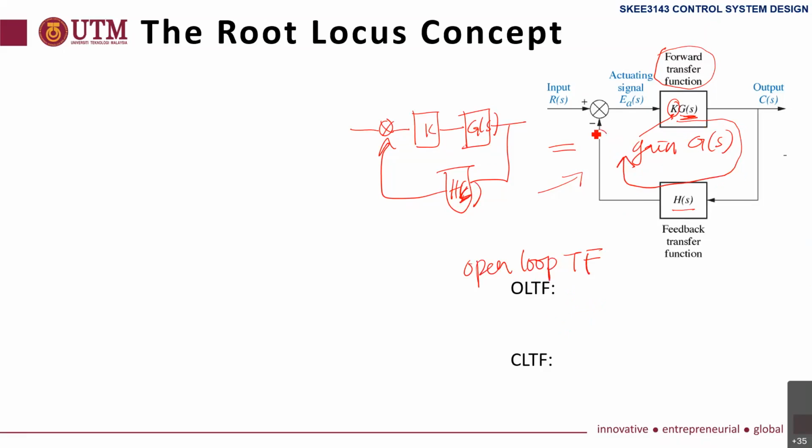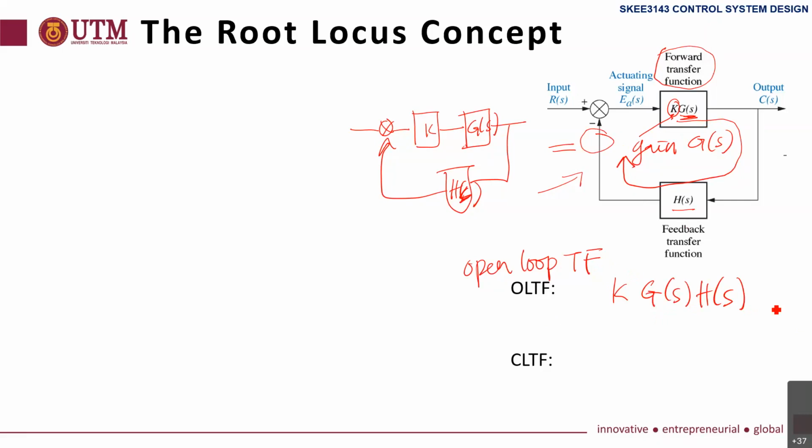Imagine that there is no feedback, that the feedback is not connected. So the open loop transfer function is K G(s) multiplied with H(s). Not only KG(s), but K G(s) H(s). That is the open loop transfer function.